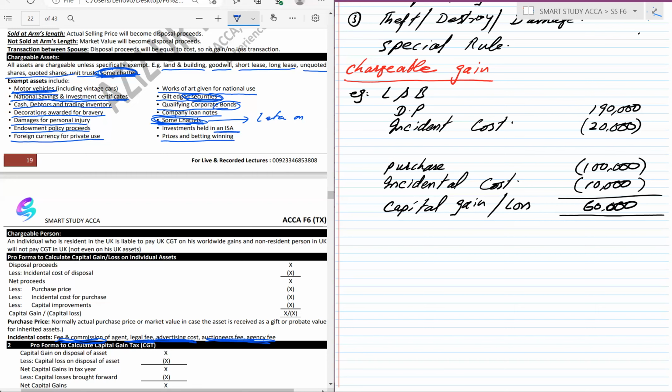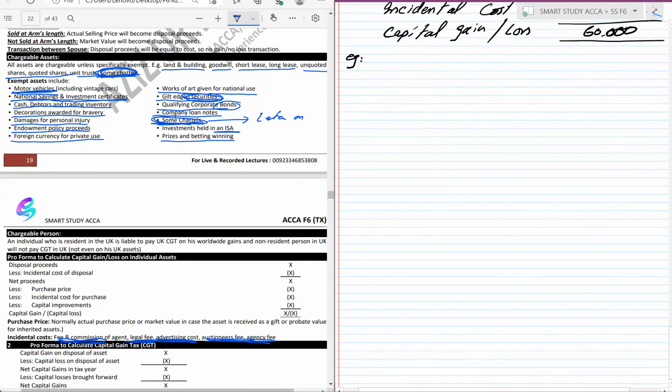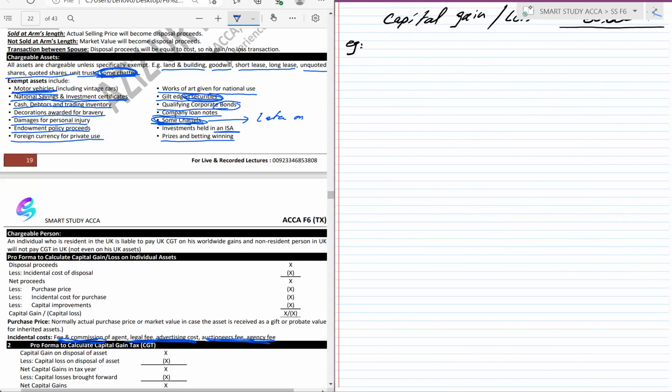So in this way, we will calculate gain or loss on every asset. For example, during the current tax year, please remember we will calculate CGT for the tax year, and our examinable tax year is from 6th April 22 to 5th April 2023. So during this tax year, suppose we have sold asset number 1.